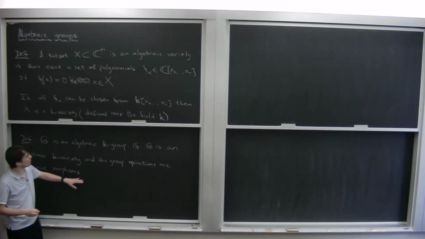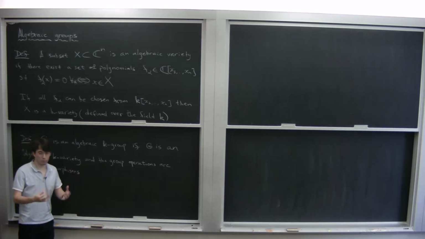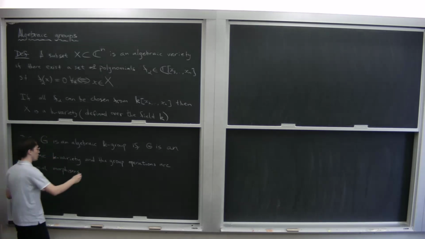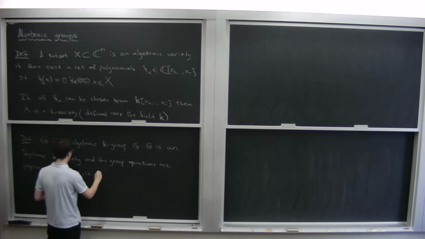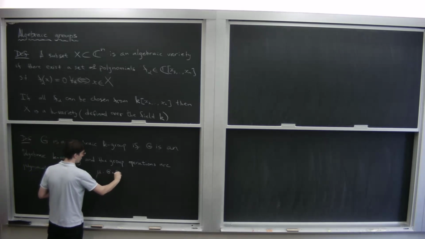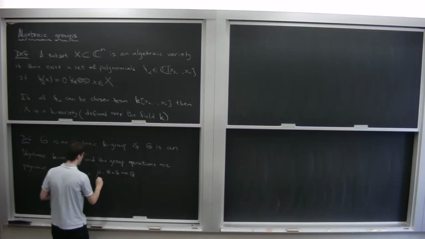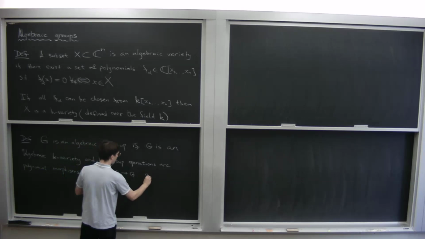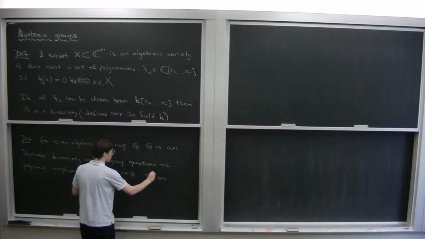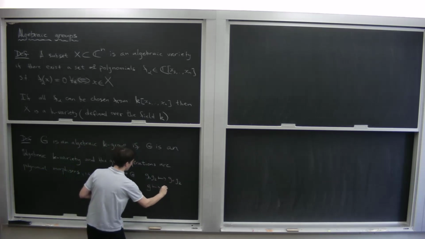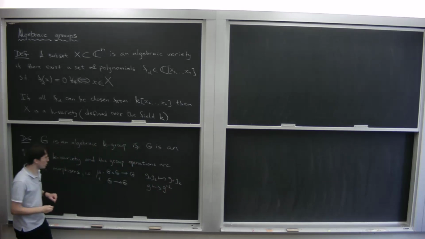It means that they can be described as polynomial maps in the coordinates of G. So the product, multiplication from G times G to G, and the inversion from G to G. The pair is mapped to the product, and any element is sent to g inverse.